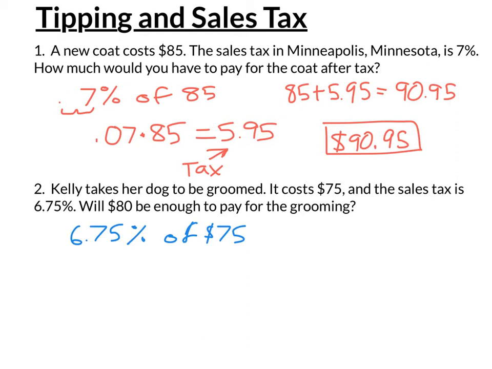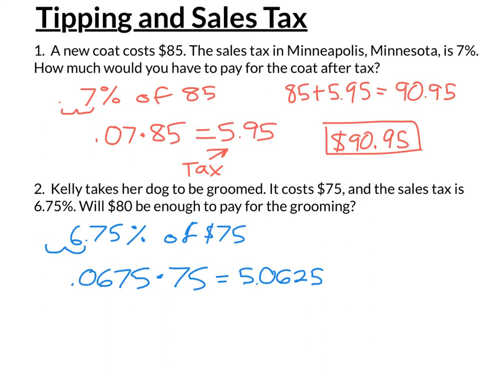6.75% of 75. So same thing, we're going to move our decimal over 2 places. And remember, we've got to put a 0 in this empty space here. So our decimal is going to be 0.0675 times 75. When we put that in the calculator, we get 5.0625.